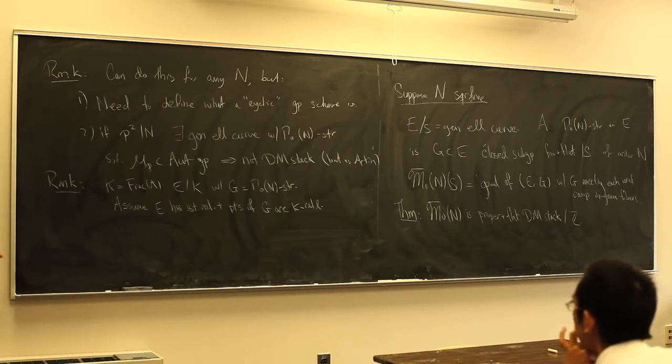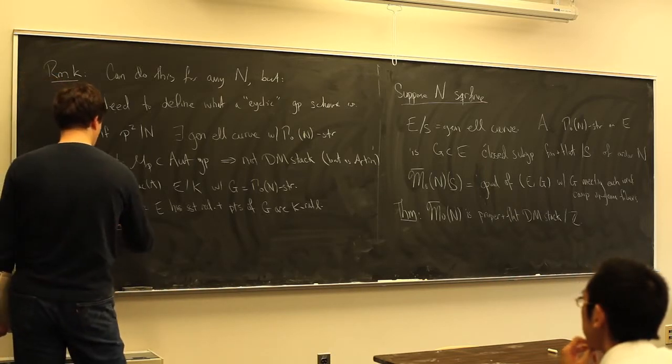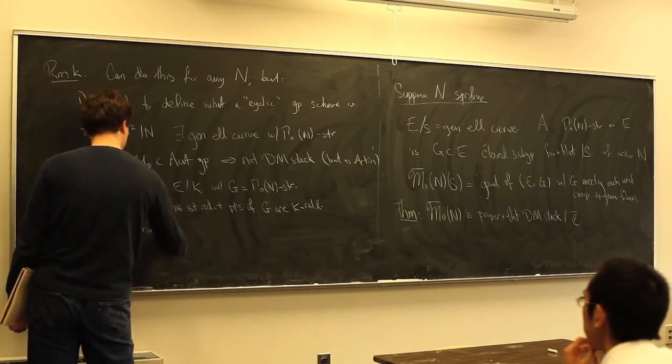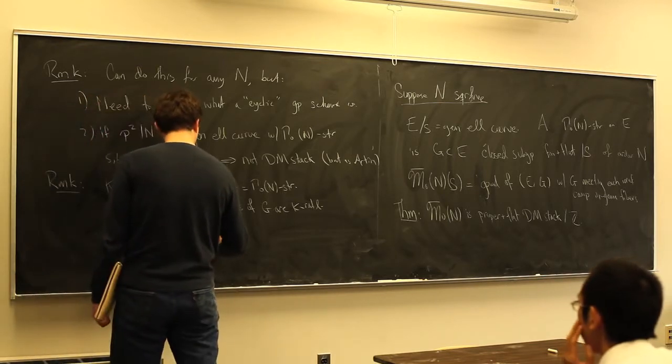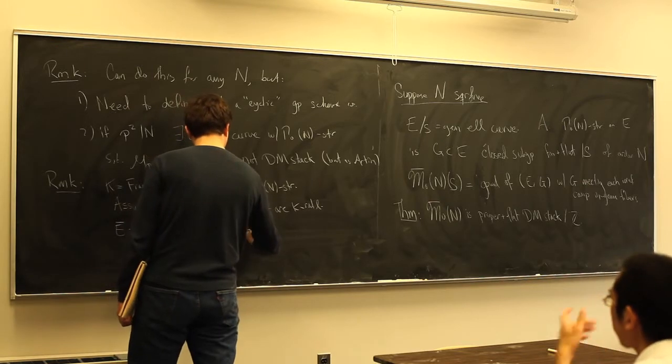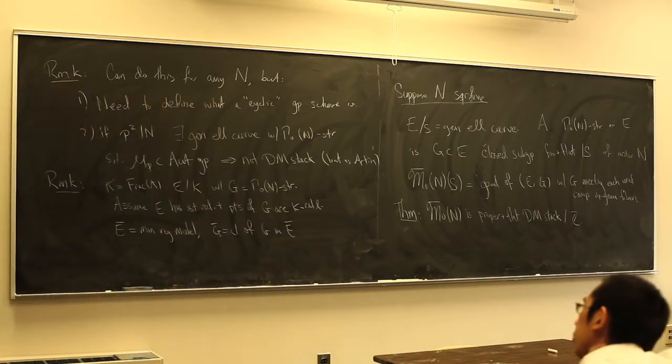So then what you can do is take the closure of G in the minimal regular model. So let me call E bar the minimal regular model. And I'll let G bar be the closure of G in E bar. And that actually lands in the smooth locus, because we know that the smooth locus is the Néron model and that all the K points of E extend into the smooth locus of the Néron model.